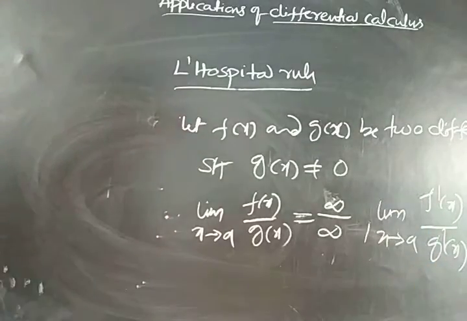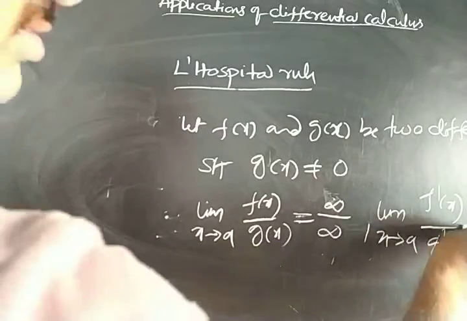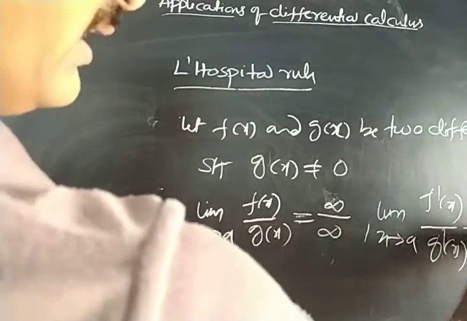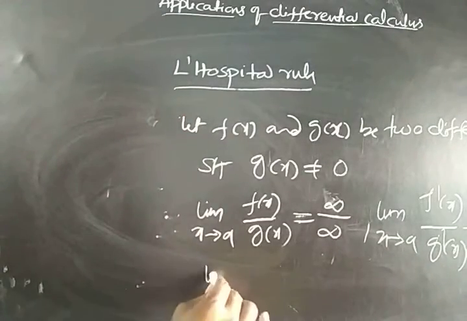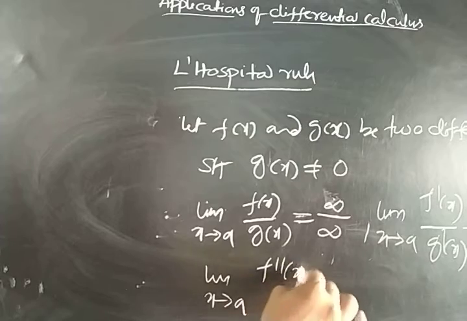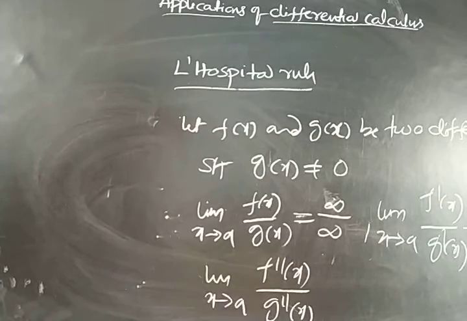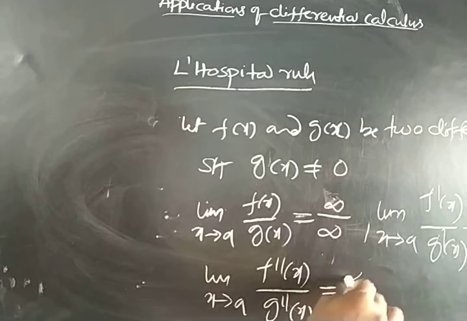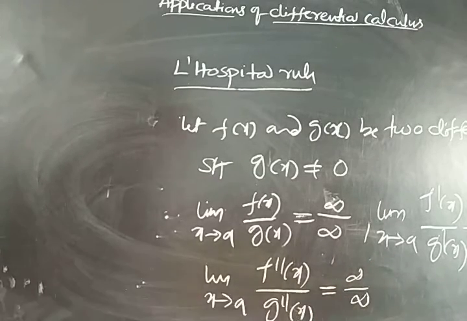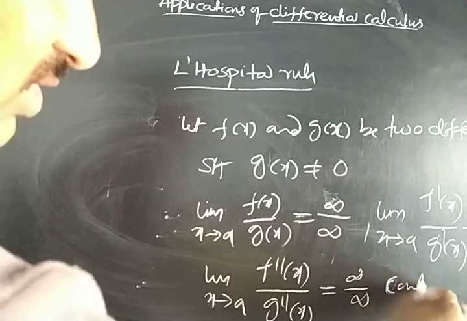If you get an existing limit, you can stop the procedure. Suppose in the second derivative also you get infinity by infinity, again continue the procedure. Find the second derivative of the numerator and of the denominator, and substitute the value again. If you again get infinity by infinity, continue the procedure.